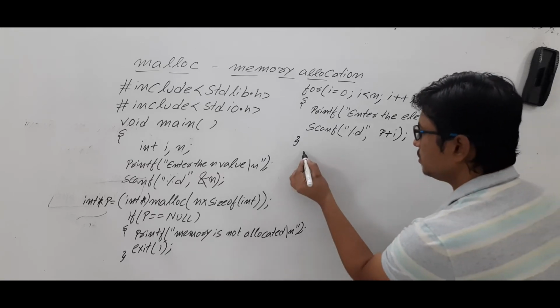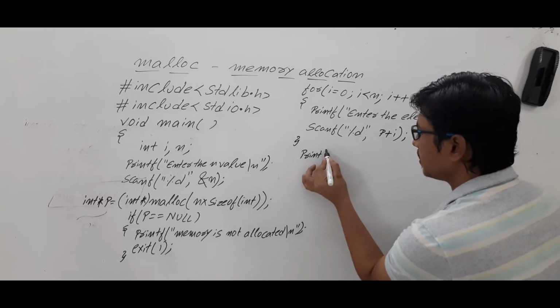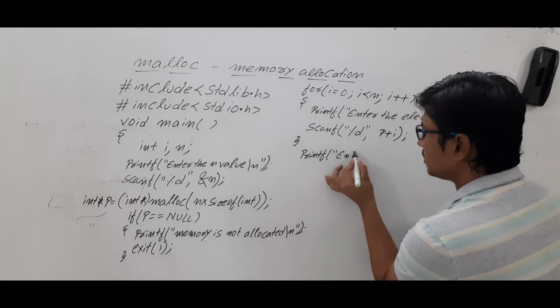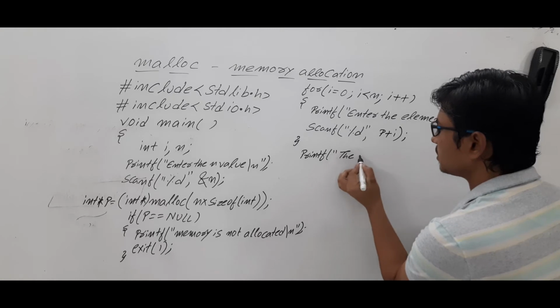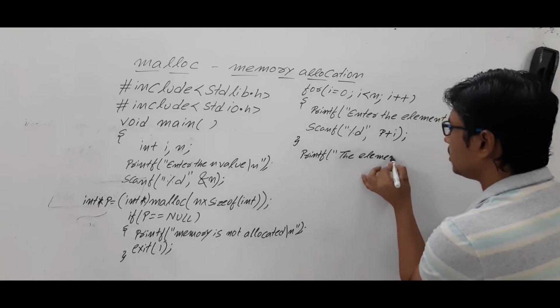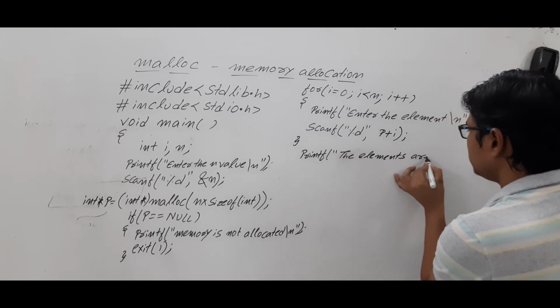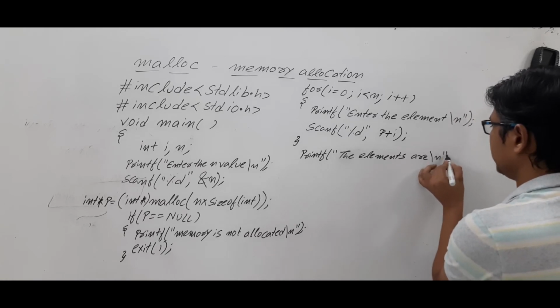Once the user has entered all the elements, now I want to display those elements to the user. So printf the elements are, whatever elements are there, you want to display them. The elements are \n.